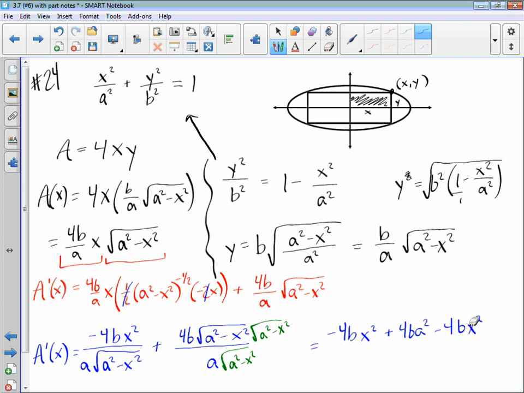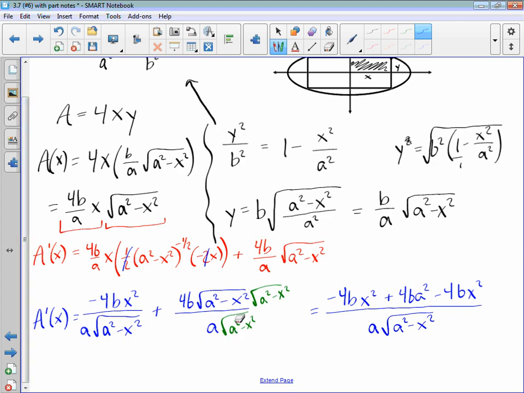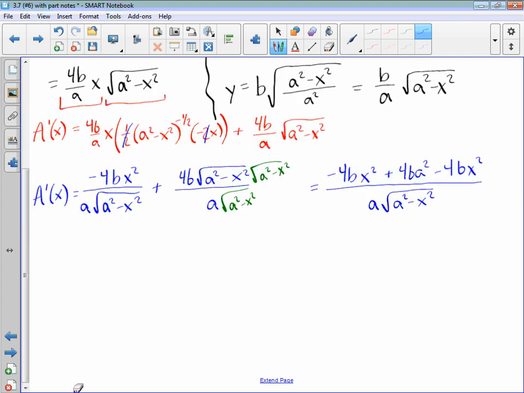And what do you notice? Yeah, you have 2 of the x squared pieces. You can combine those together. And then the denominator, I still have this. This is beautiful, huh? Pretty nice. Good algebra problem.